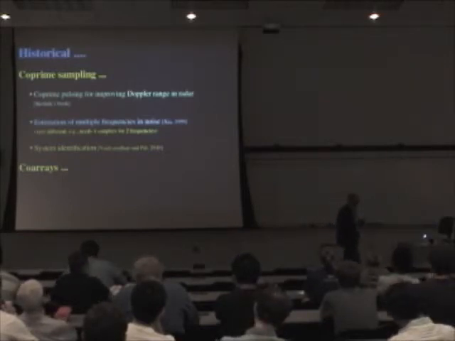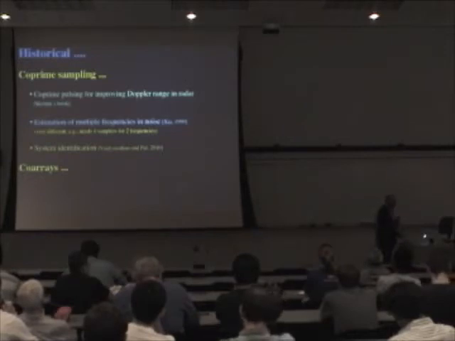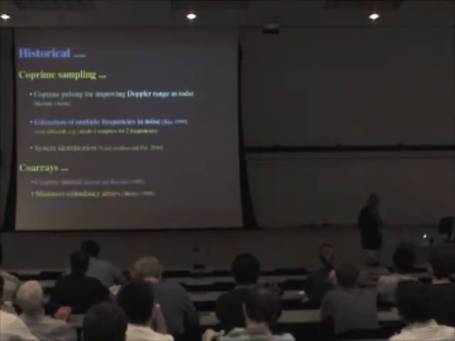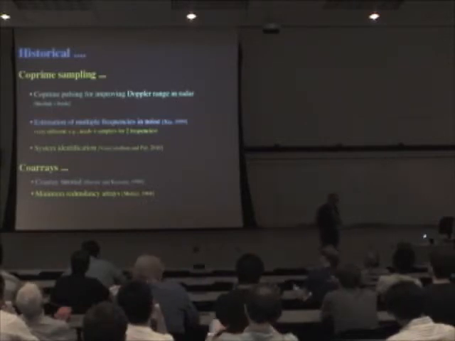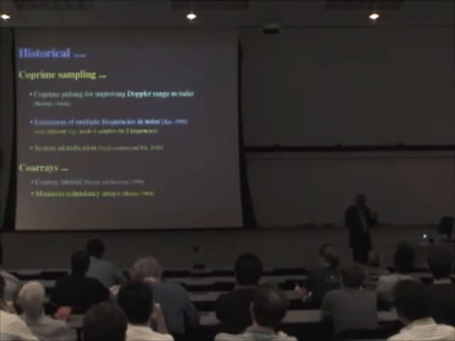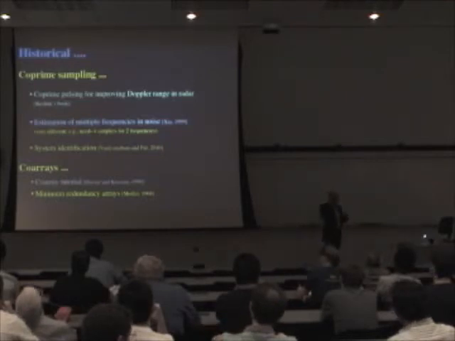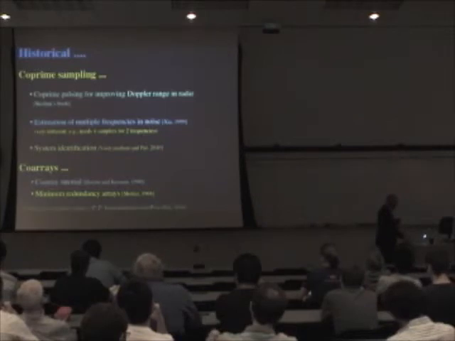And co-arrays, like I said, have been there for a long time. There are things called minimum redundancy arrays that people use. Minimum redundancy basically means that if you compute the difference set, it's a very rich set. But the only problem is there is no systematic, mathematical, known way of placing the sensors to achieve minimum redundancy locations. So there are problems with this.